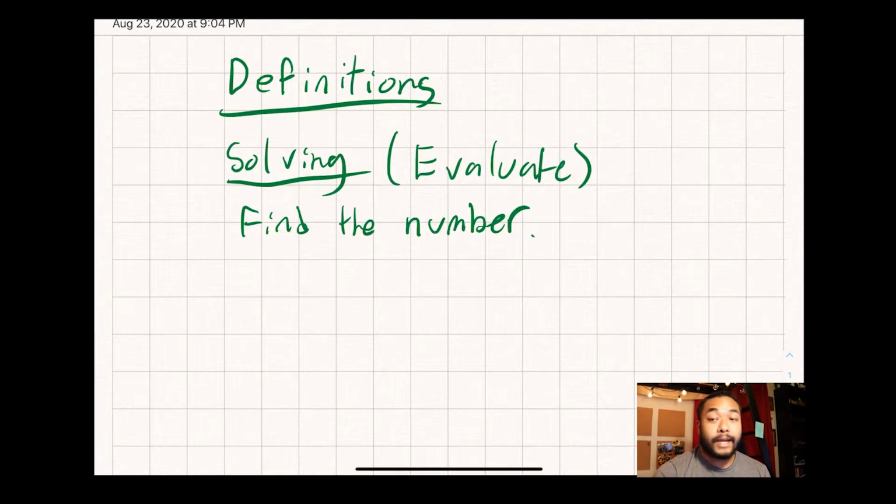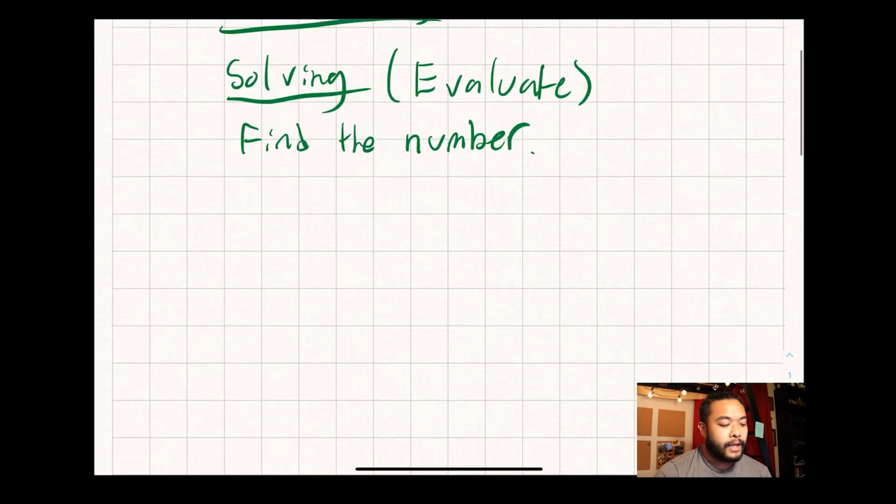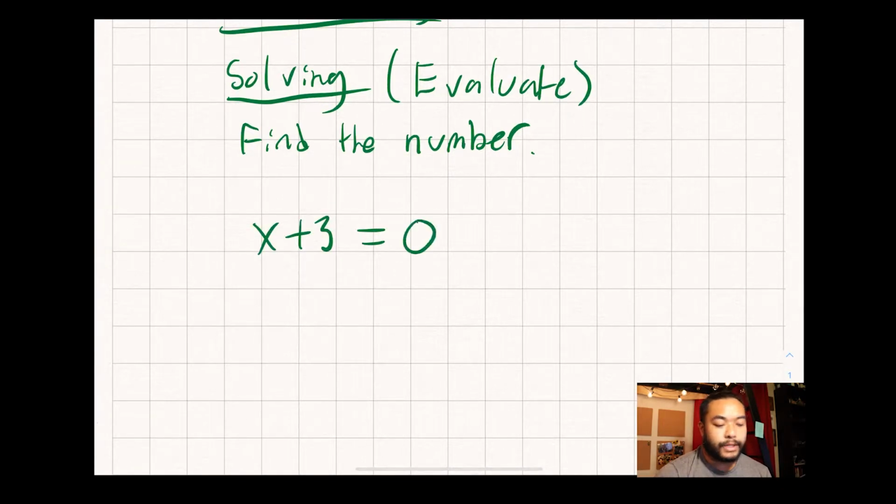But either way, anytime you see a phrase like this, it's talking about if I'm given something like x plus 3 equals 0, then all it means when I'm solving it, evaluating it, or finding x, is just moving everything. So if 3 is on this side and x is on this side, solving for this number x would mean moving everything, in this case 3, to the other side of the equation and being left over with x, having x left by itself.